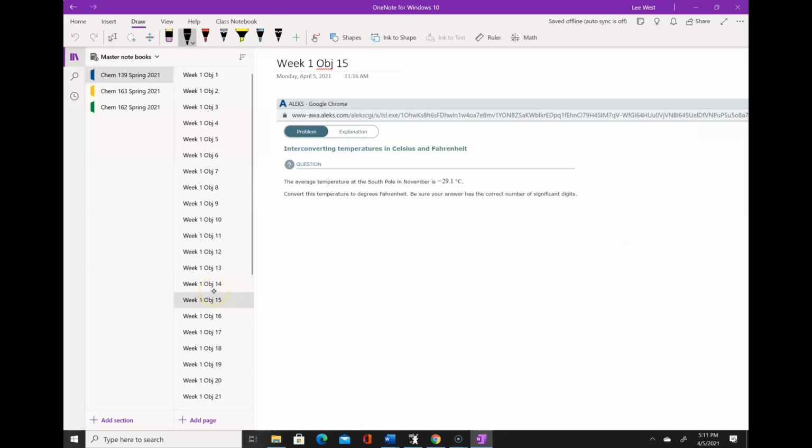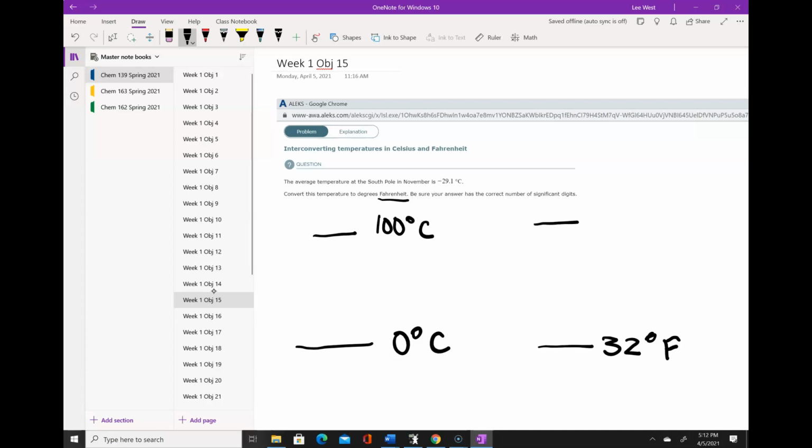Okay, so it says the average temperature at the South Pole in November is minus 29.1 degrees Celsius. Convert this temperature to degrees Fahrenheit. So when you're converting between degrees Celsius and degrees Fahrenheit, you've got two problems. 0 degrees Celsius is equal to 32 degrees Fahrenheit. 100 degrees Celsius is equal to 212 degrees Fahrenheit.